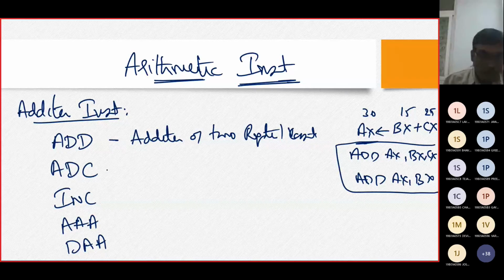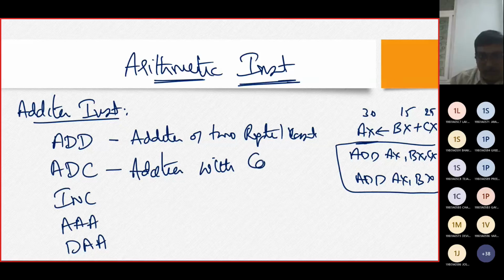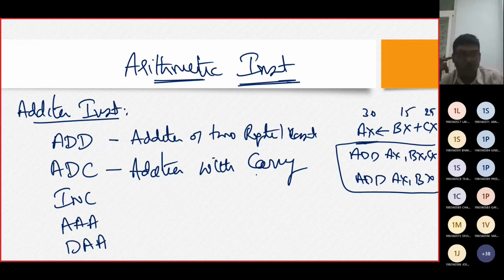And the next word was addition with carry. We are going to have this value as ADC. ADC stands for addition with carry. So when we call it addition with carry, I will have 1101.